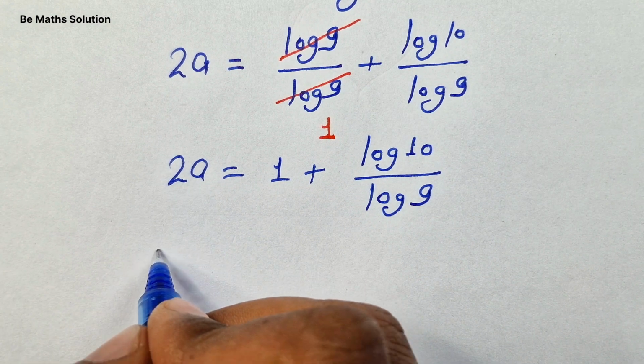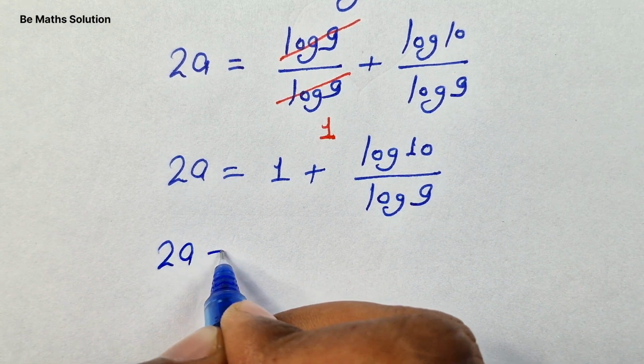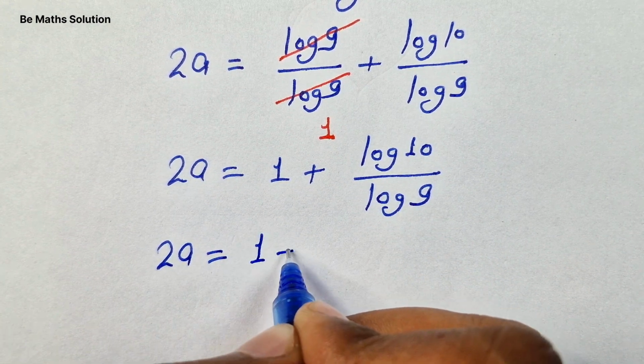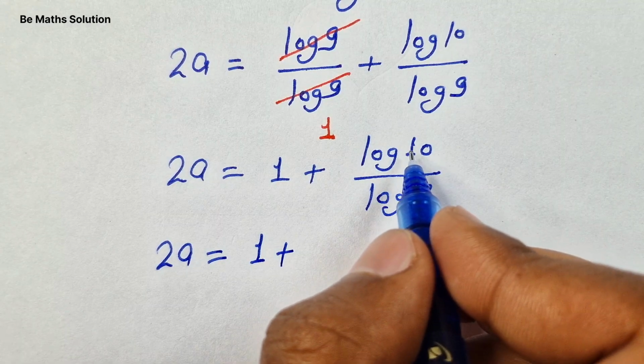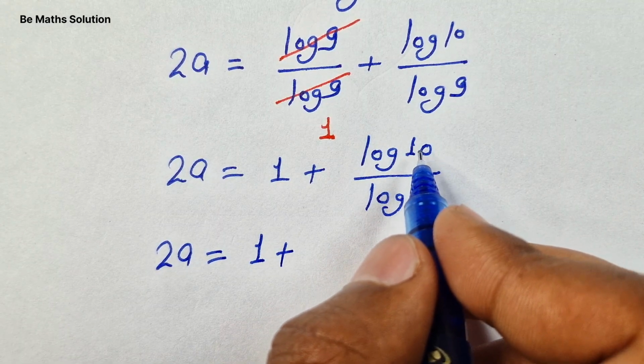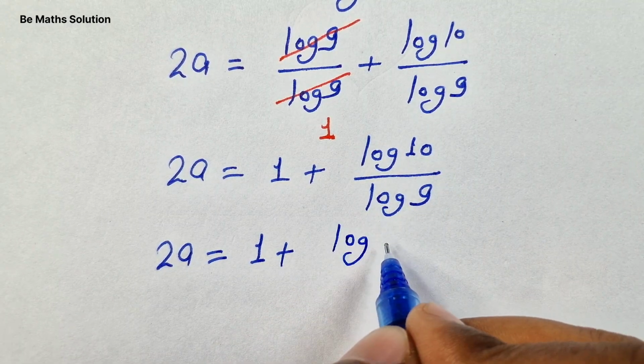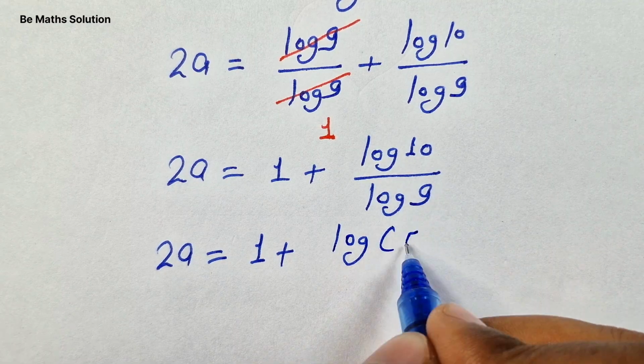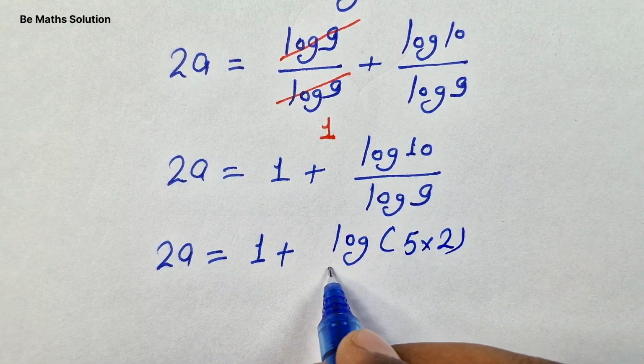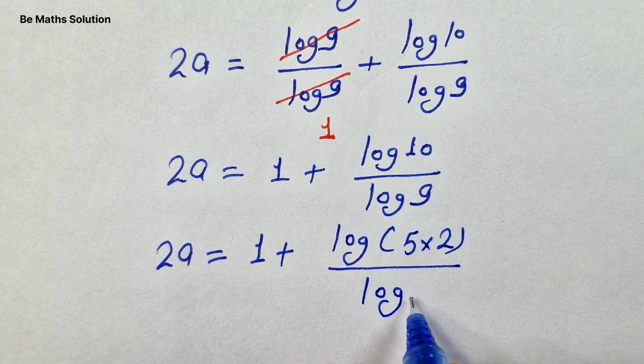Then 2a is equal to 1 plus log of 10. 10 is not a prime number, it is log of bracket 5 times 2, over log of 9.